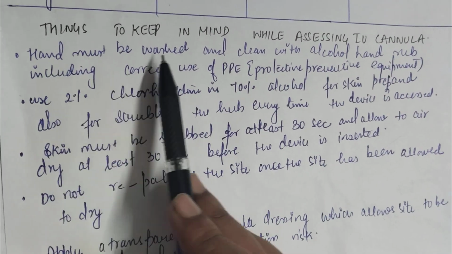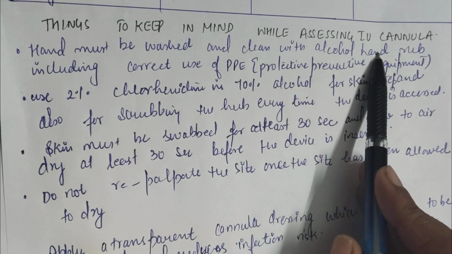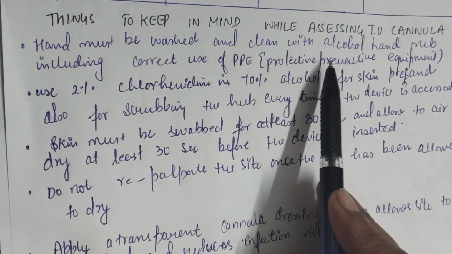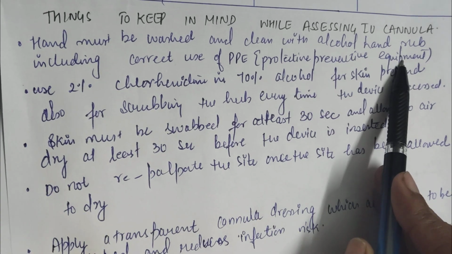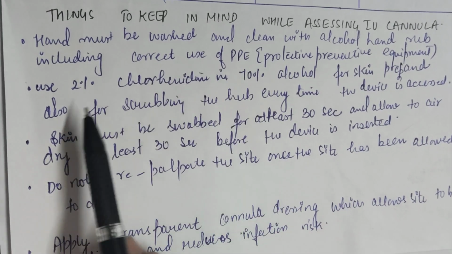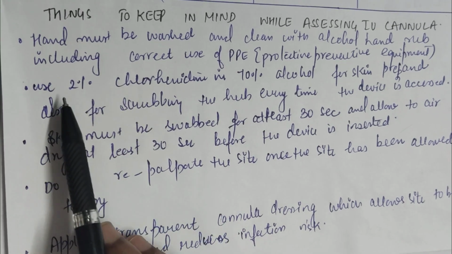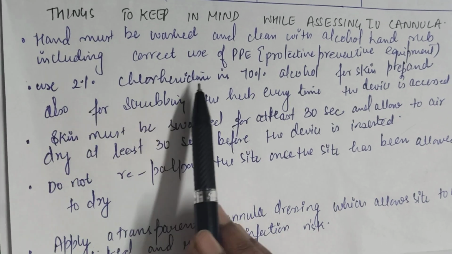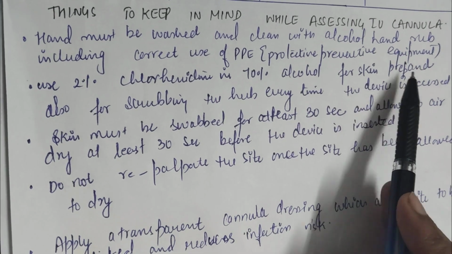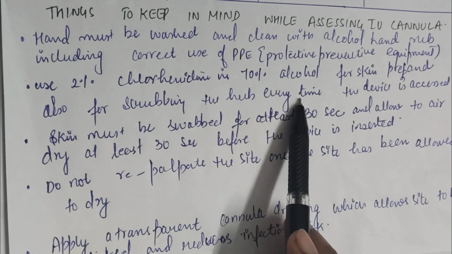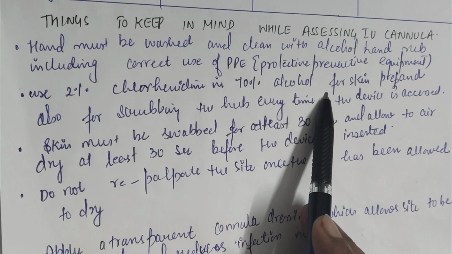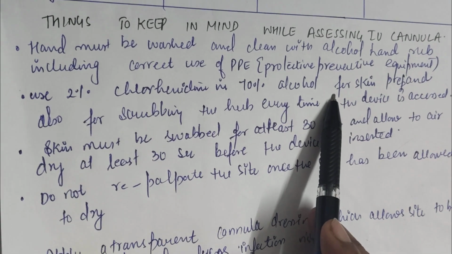First, hands must be washed and cleaned with alcohol hand rub, including correct use of PPE, that is personal protective equipment. So hands must be washed before touching the IV line. Then next, use 2% chlorhexidine in 70% alcohol for skin preparation, also for scrubbing the hub every time the device is accessed.